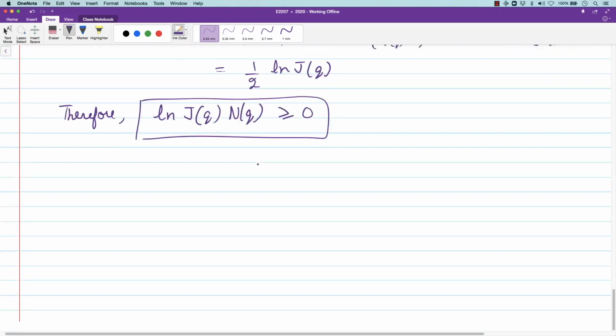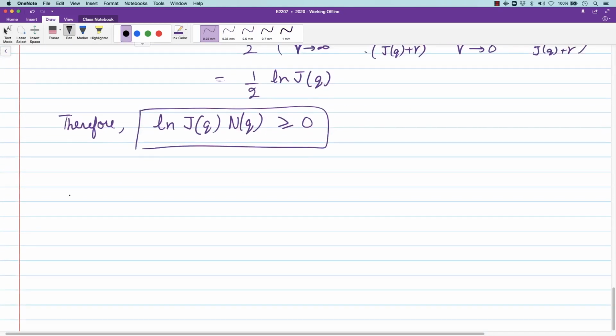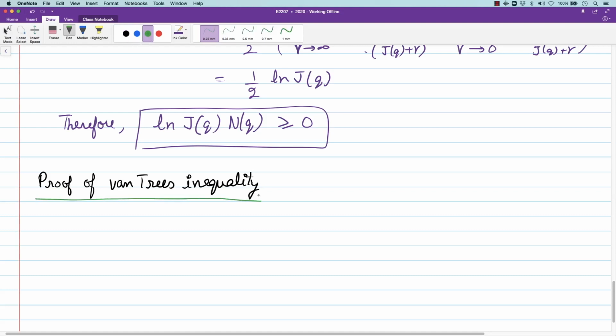Okay, so we use Van Trees' inequality in the middle. Let's see how we derive Van Trees' inequality. Van Trees' inequality is the classic statistics counterpart of Fano's inequality, because it provides a lower bound for the loss function of statistical estimation.